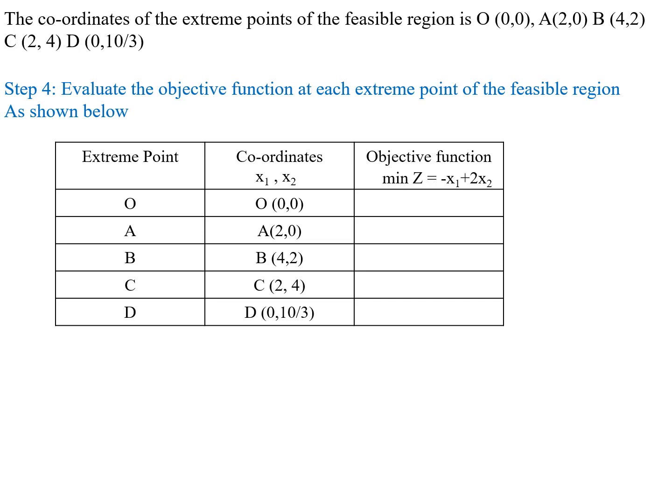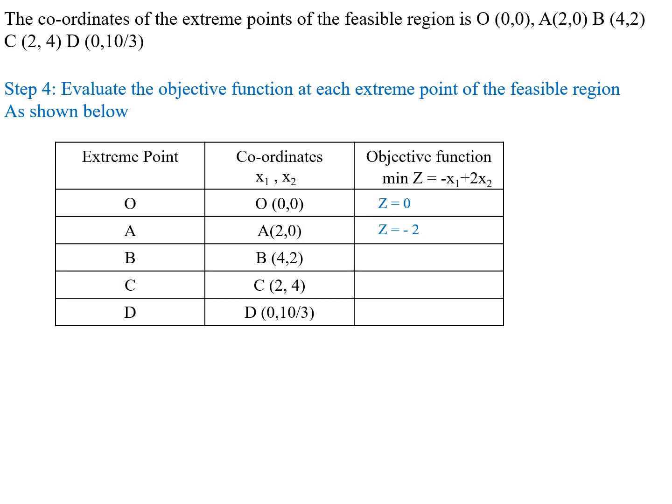So here, the first extreme point is O and the coordinates are 0, 0. We substitute these coordinate values in the objective function. Then z equals 0. Next we substitute the A point's coordinates, that is 2, 0, in the objective function. Then we get z equal to -2.